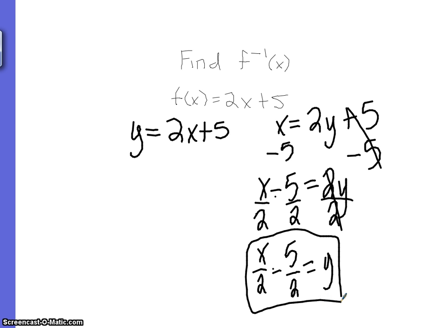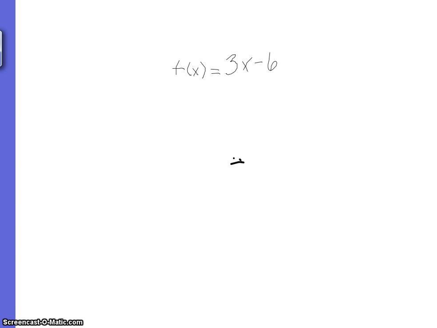Let's go ahead and do another example. If we started off with the equation f of x is equal to 3x minus 6, of course, f of x means y, so we started off with y is equal to 3x minus 6.